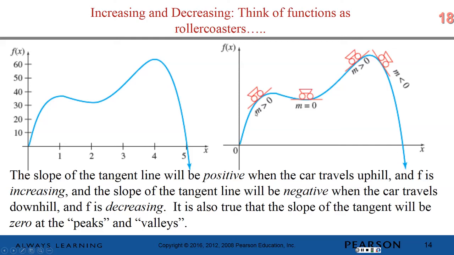Anytime your slope goes from positive to negative, what has to happen in between? At some point between the positive slope and the negative slope, it has to have a slope of 0. And somewhere between a negative slope and a positive slope, it has to have a slope of 0.